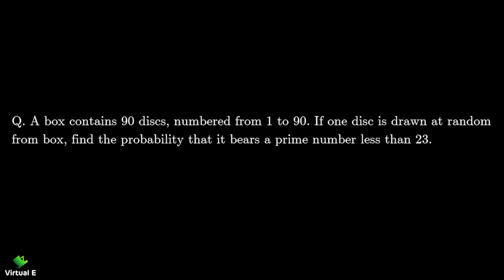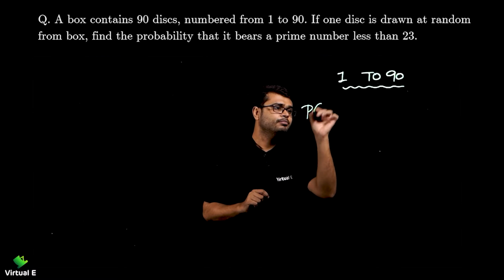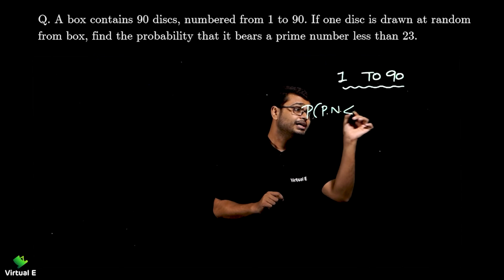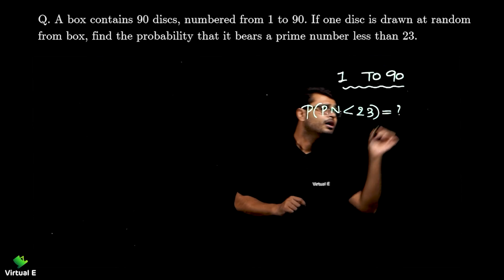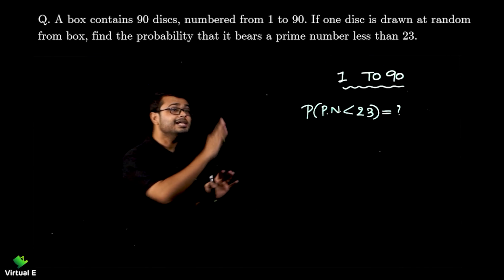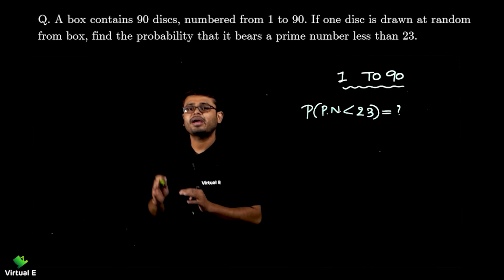Here if one disc is drawn at random from the box, find the probability that it bears a prime number less than 23. Okay, interesting. So we need to find the probability of prime number less than 23. You must be thinking how to get the prime numbers from 1 to 90. Don't bother about that. Till 90, we only need to bother about 23, right? 23 से कम prime number लेने हैं.